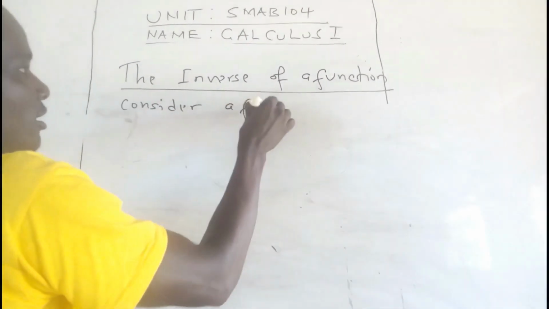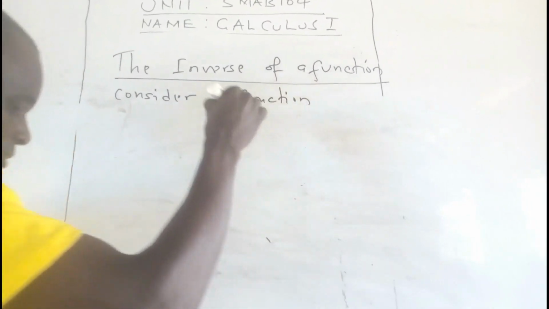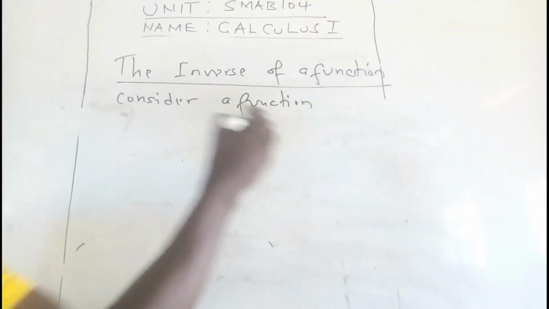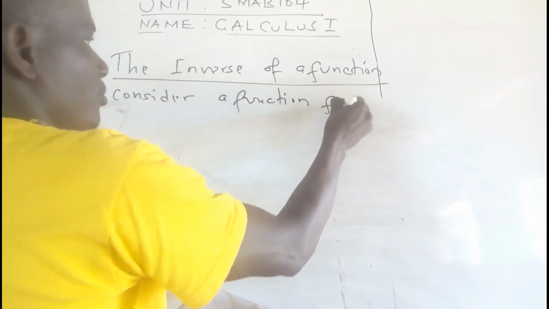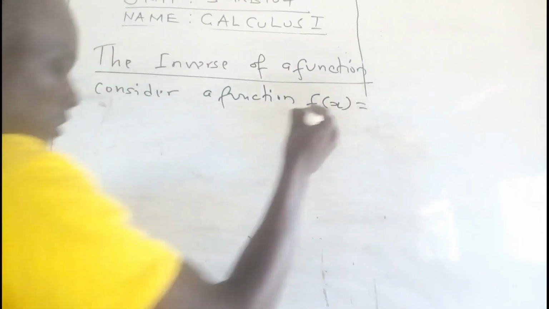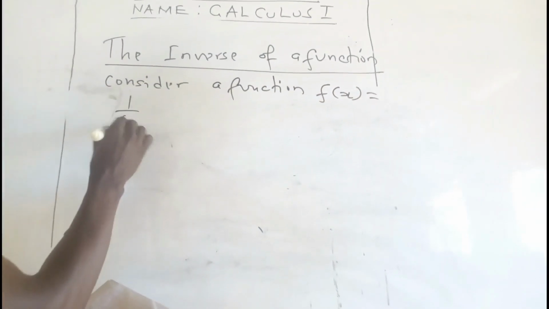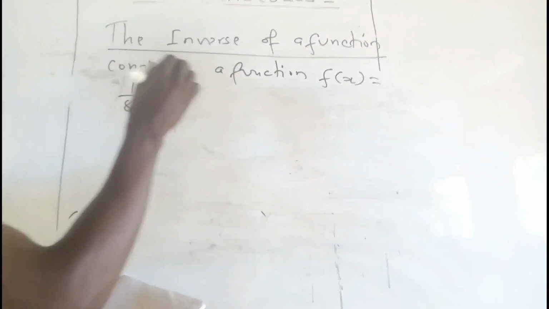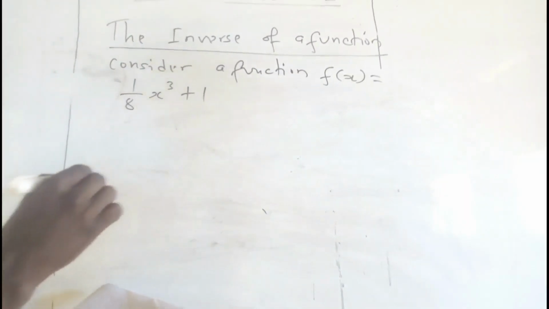Consider a function f of x equivalent to 1 over 8x cubed plus 1.